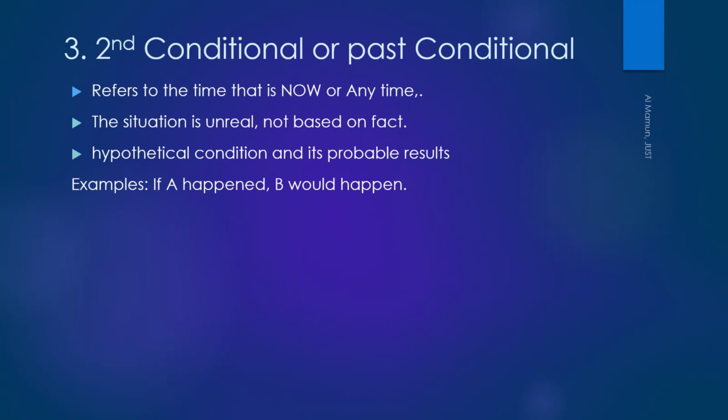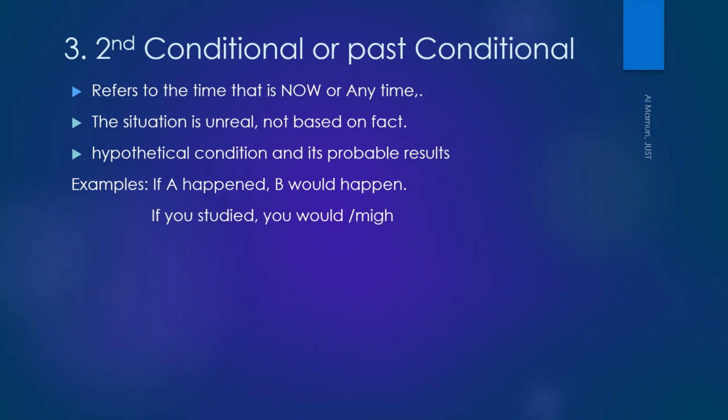So it says that A did not happen, and that is why B also did not happen. But if A happened, B would happen. So that is a probable result of the first condition, but the condition stated in the first clause was not met or did not take place in reality, it's just a hypothetical condition.